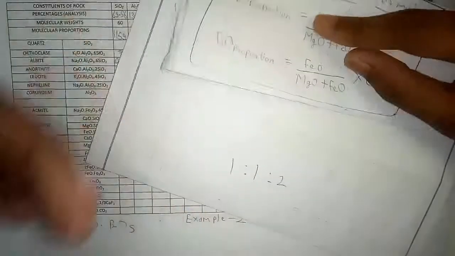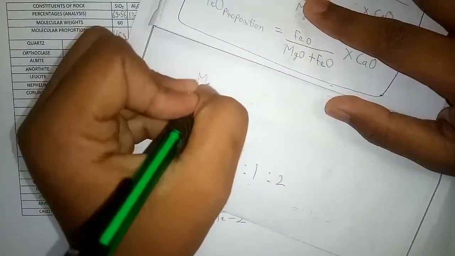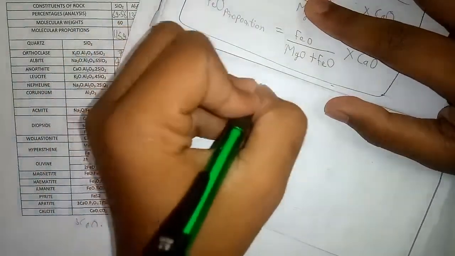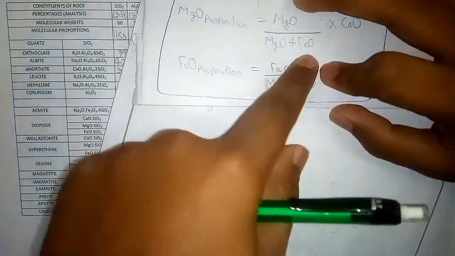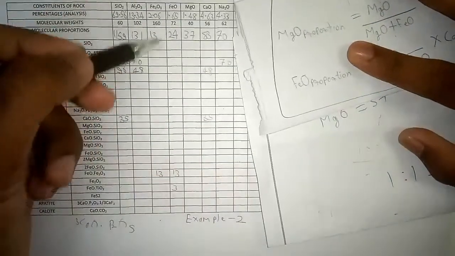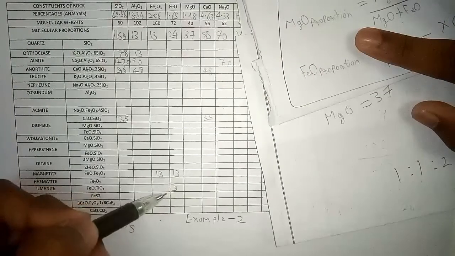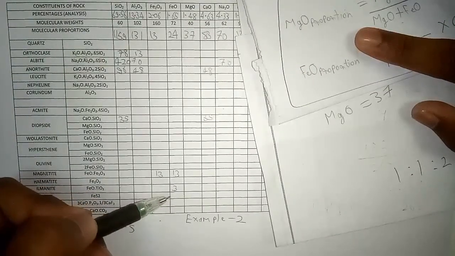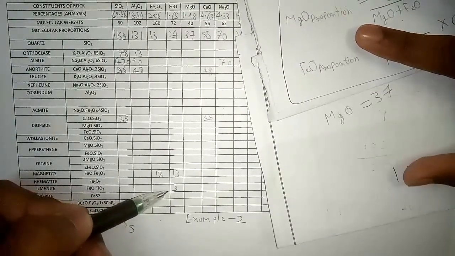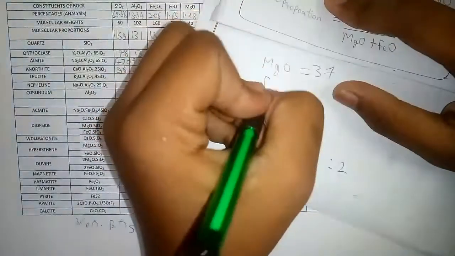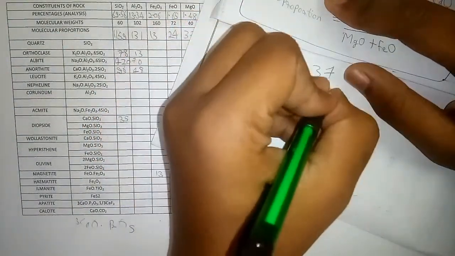So we will write here 37. Then the FeO value we require. How much FeO were we having? We were having 24 FeO, and out of 24, 13 we have used, and here 3 are used. So total we have used 19, right? 16, sorry. We have used 16 FeO. So FeO used equals 16.